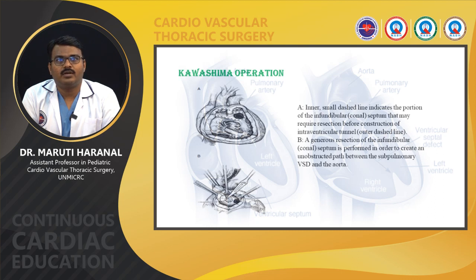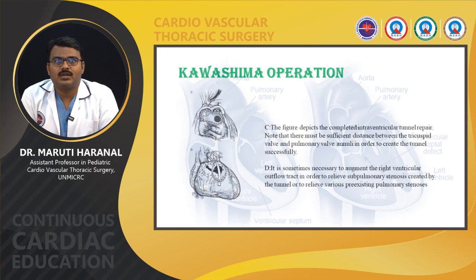As shown in the figure, in a Kawashima operation, the conal septum requires resection to construct an interventricular tunnel, and a generous resection of the infundibular septum is performed in order to create an unobstructed path between the subpulmonary VSD and the aorta.